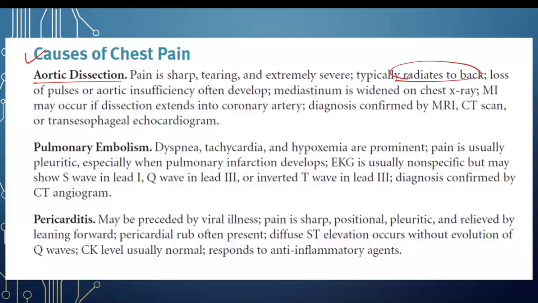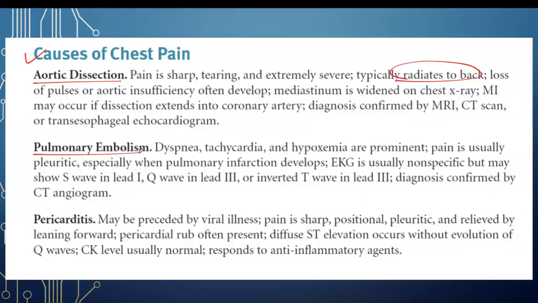If you get a patient with this kind of retrosternal chest pain, sudden, severe, tearing and radiating to the back, you definitely need to consider the likelihood of aortic dissection. Aortic dissection we will discuss in detail later on.